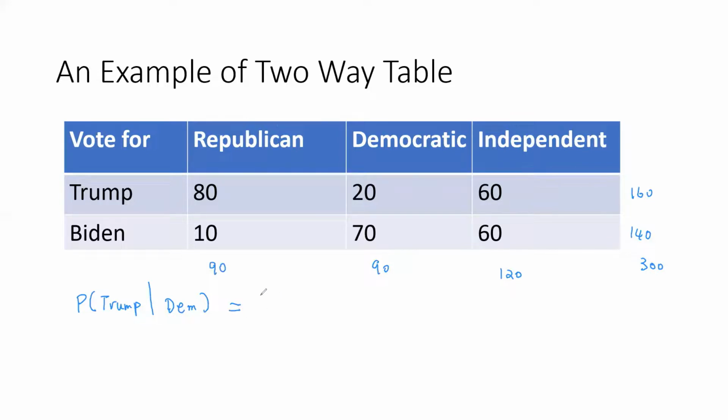You use the definition: the intersection of somebody who voted for Trump and is a Democrat, divided by the probability of being a Democrat. The intersection is 20 out of 300, and Democrats total 90, so 90 out of 300. That's exactly 2/9, which is also the same as 20 out of 90.